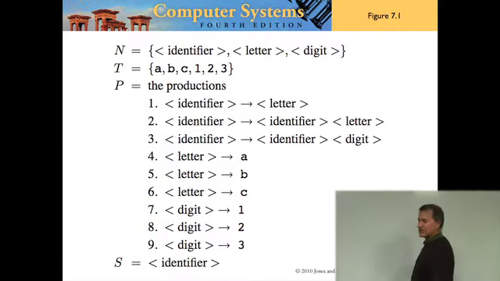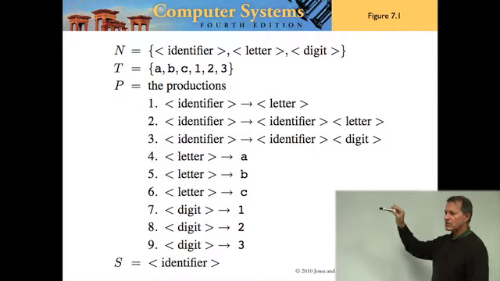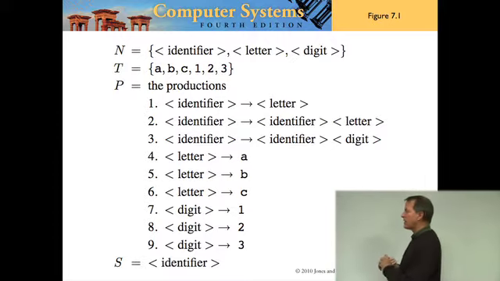What you do in order to derive a valid identifier is start with the start symbol and apply those rules of production in a sequence of derivation steps. Each time you go through, you use a rule to substitute. And then when you get in the end with all terminals, you know that it is valid. That's how it works. So let's derive a few identifiers.